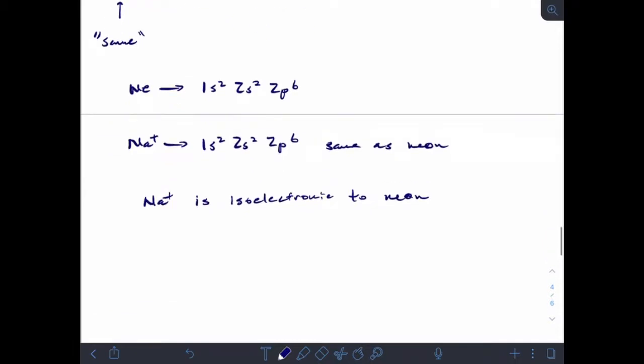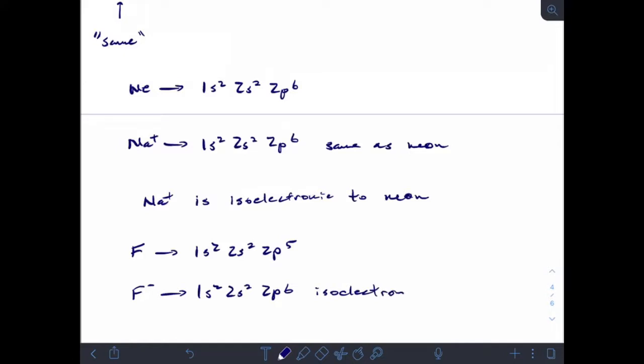Right, so fluorine is 1s2, 2s2, 2p5. Fluorine minus is 2p6, isoelectronic to neon.